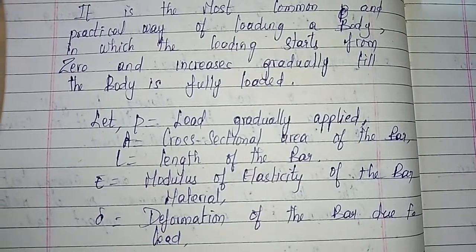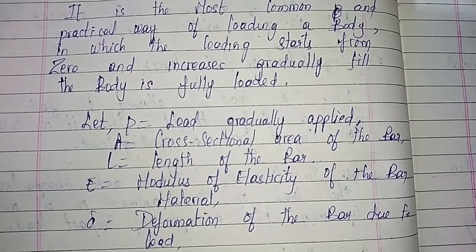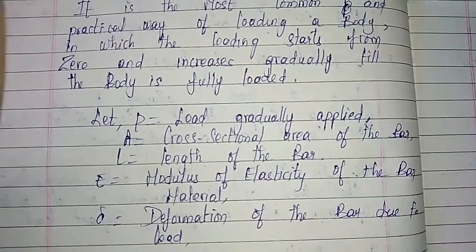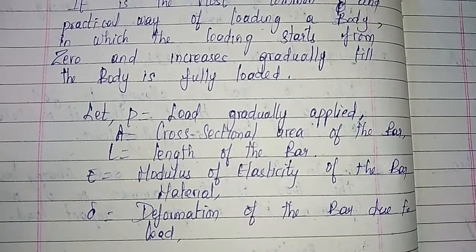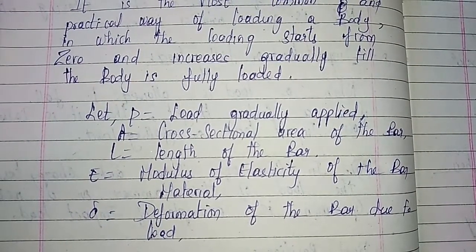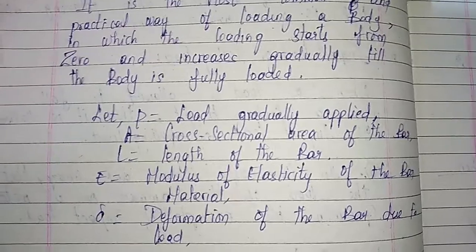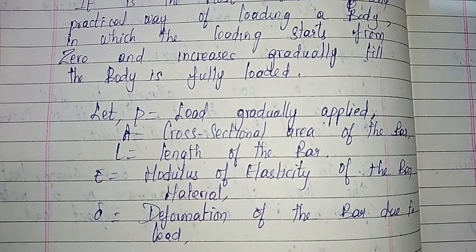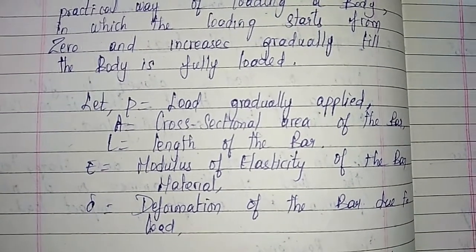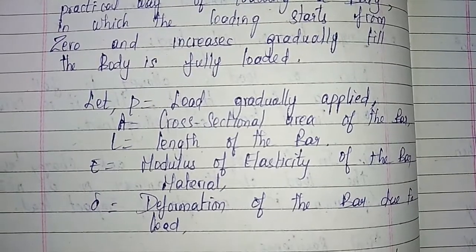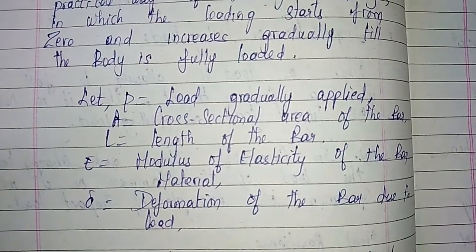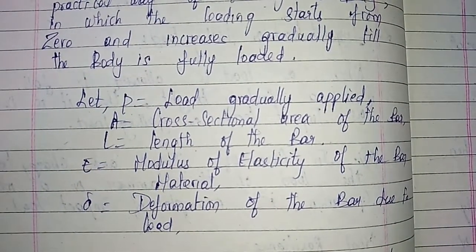Modulus of elasticity is nothing but what? This is nothing but the ratio of stress to strain. Due to the applied load on a particular area of a material of length L, both stress and strain will act. So how much deformation is acting on the bar, that is what we are going to take. So these are some of the things we are going to take.